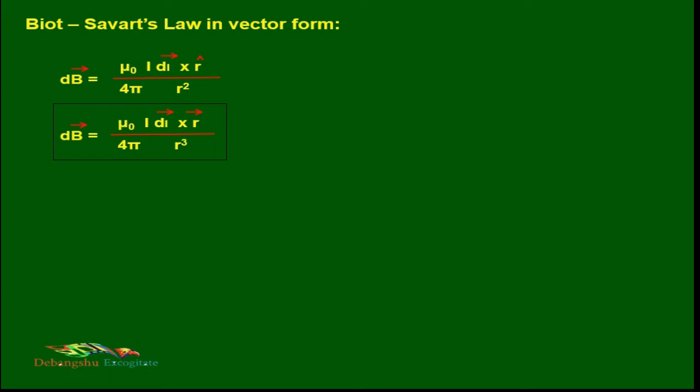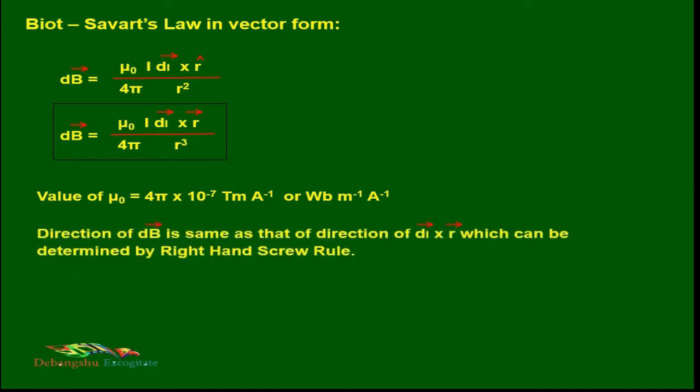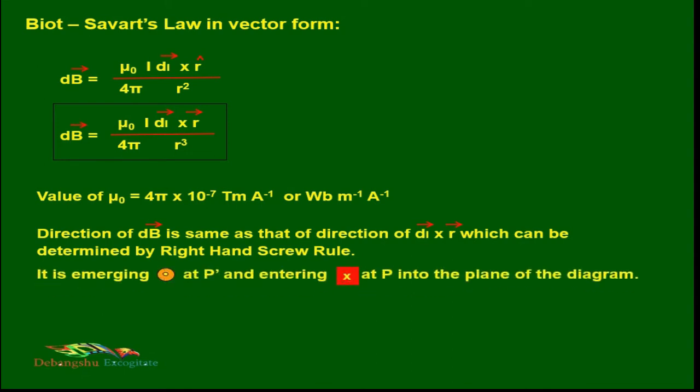So it will be mu naught by 4 pi, I dl cross r vector divided by r cube, where the value of mu naught is 4 pi into 10 to the power minus 7 Tesla meter per ampere or Weber per ampere meter. The direction of dB is the same as the direction of dl cross r, which can be determined by the right hand screw rule.